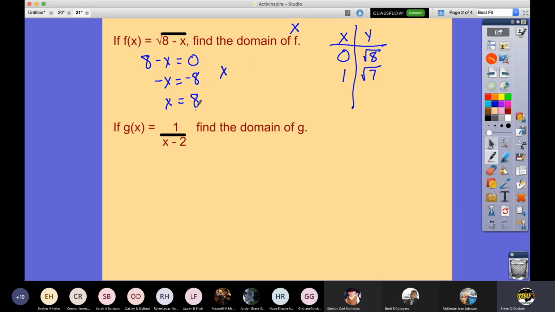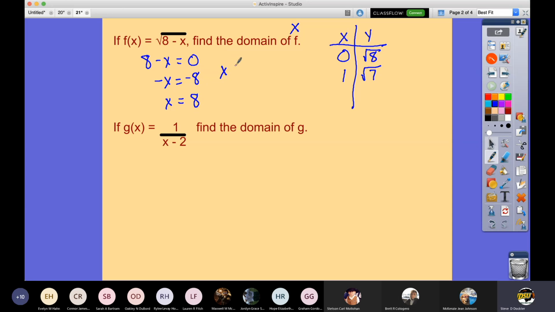To figure that out, say we put in a number greater than this. If we put in a 9 in here, 8 minus 9 is -1. -1 doesn't work under the square root sign. In fact, all numbers greater than 8 will not work.